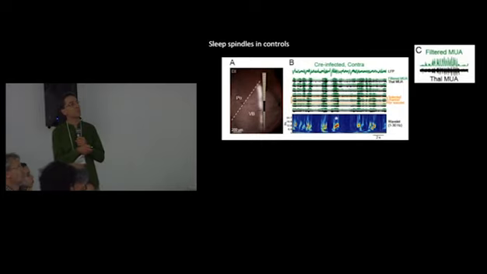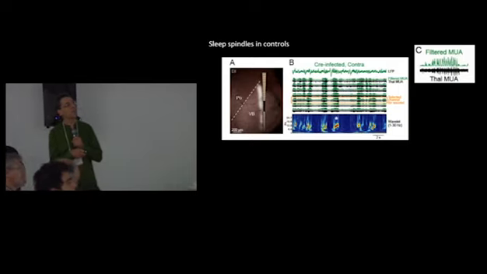In this case, we use a linear silicon probe to be able to measure the generation of spindles in a larger tissue volume. So these are individual recording sites. And as you can see, in the filtered multi-unit activity, from time to time, there are transient oscillations, which are basically the sleep spindles.